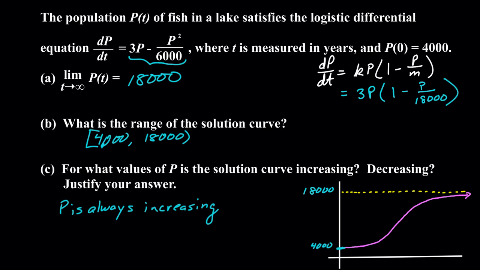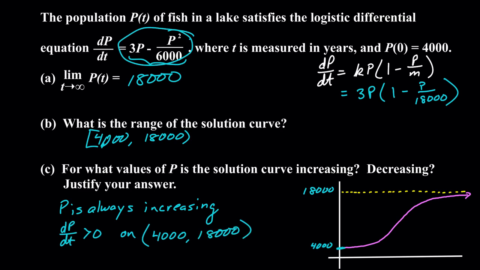Now, how do we know this? Because what you want to look at is when dP/dt is greater than 0, and our derivative dP/dt, which is this right up here, is greater than 0 on the entire domain of 4,000 to 18,000.